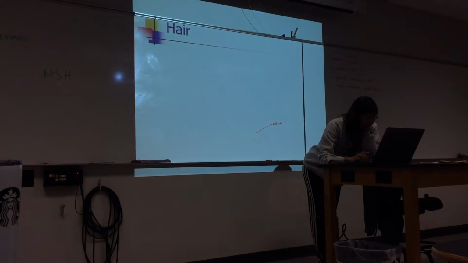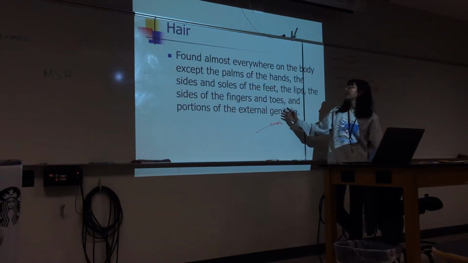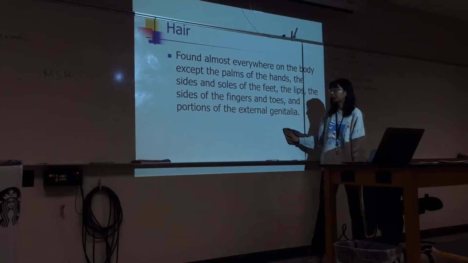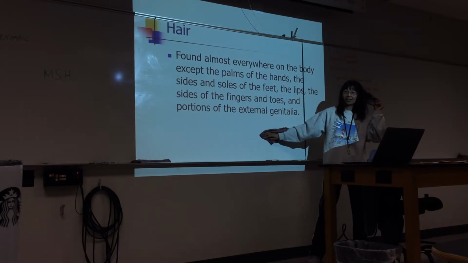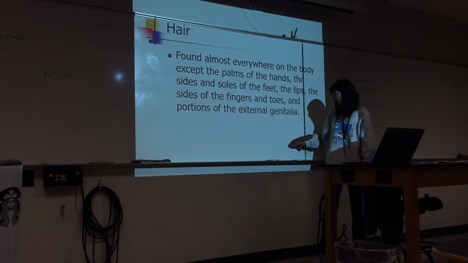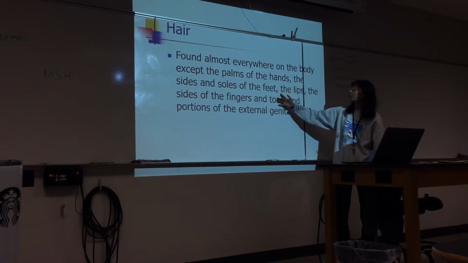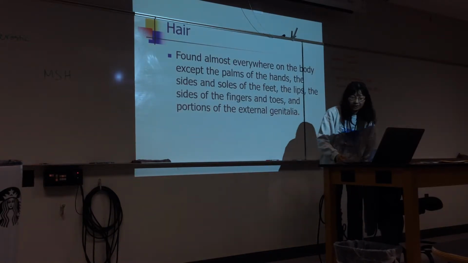All right. What else is in this chapter is hair. Believe it or not, we have hair everywhere on the body. And hair is another form of keratin. Different types of keratin, but still keratin. We have it everywhere except for your thick skin, lips, feet, toes, and some of the external genitalia.